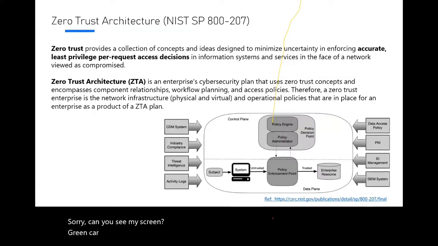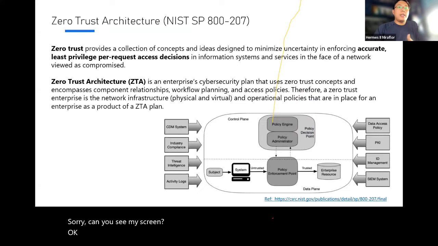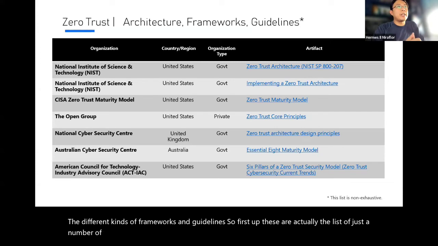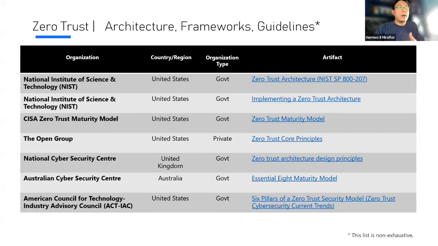Okay. So again, we now dive into the different kinds of frameworks and guidelines. So first up, these are actually the list of just a number of the frameworks and architectures and guidelines out there that organizations and governments are following, right? So if you notice, mainly actually it's more in the US and the UK and Australia.